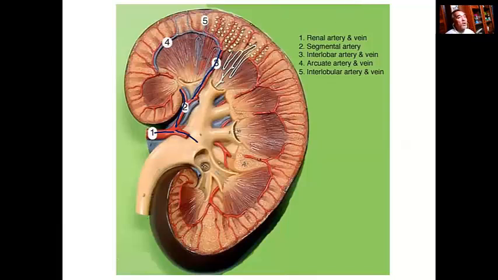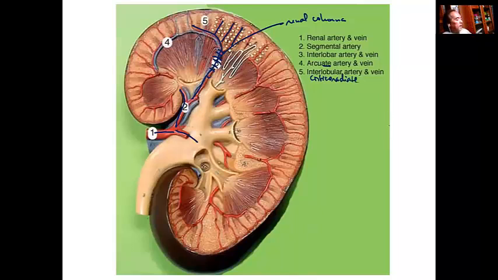Interlobar goes through the columns. The area where the interlobar passes through is what we call the renal columns. Then it becomes arcuate, and then interlobular. So again, this is cortical radiate.